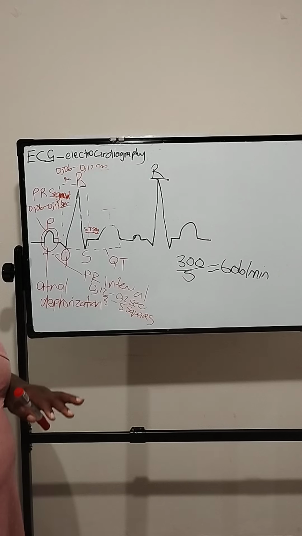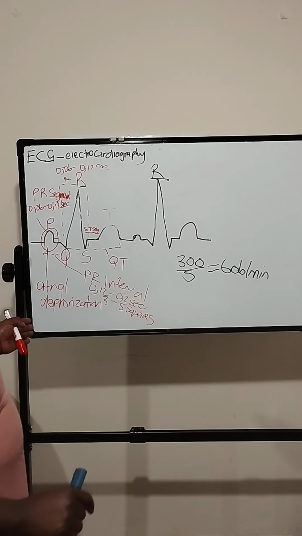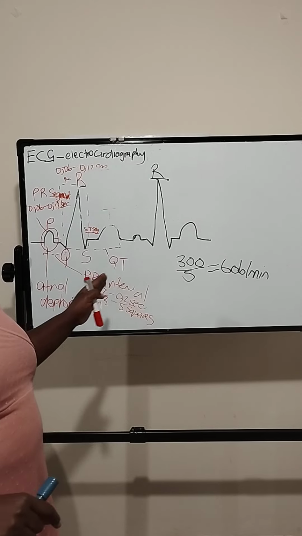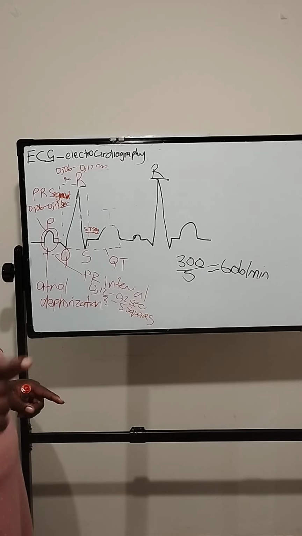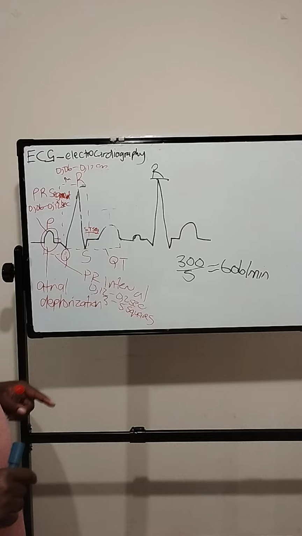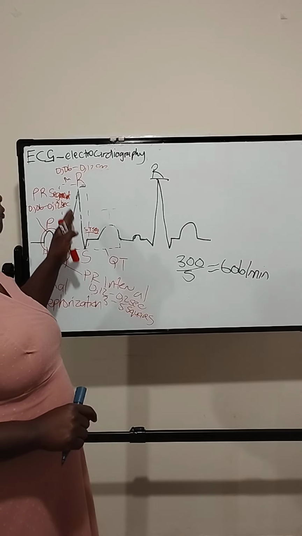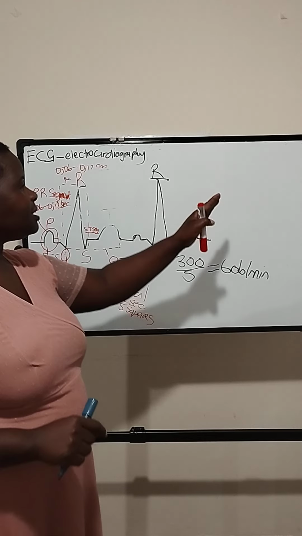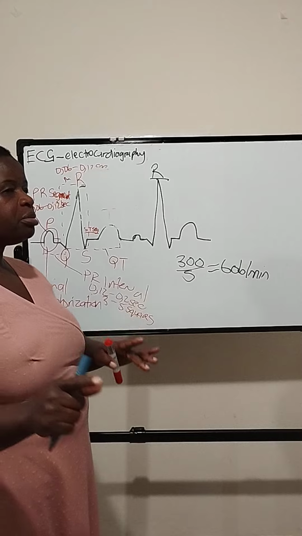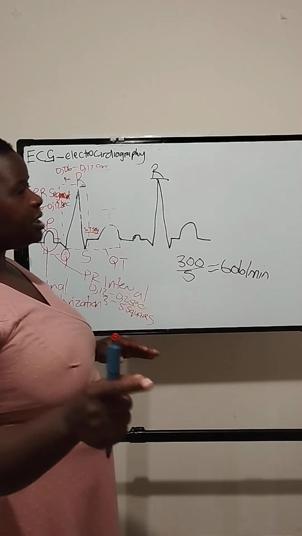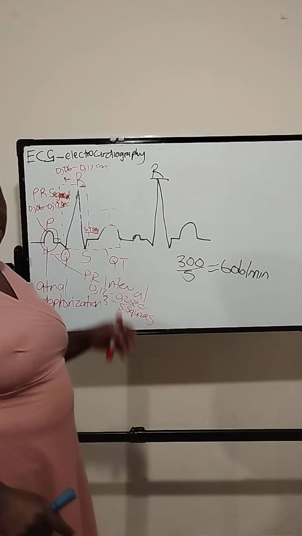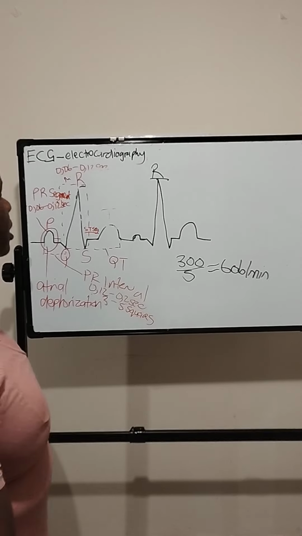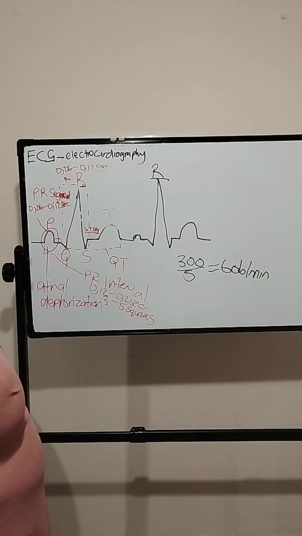Then you multiply that by 6. For example, I said a 10-second strip. 10 seconds times 6, you get 60 seconds, which is equivalent to 1 minute. So you calculate the number of R's in the 10-second strip and you multiply that by 6 and you get the heart rate of a patient using the ECG tracing.